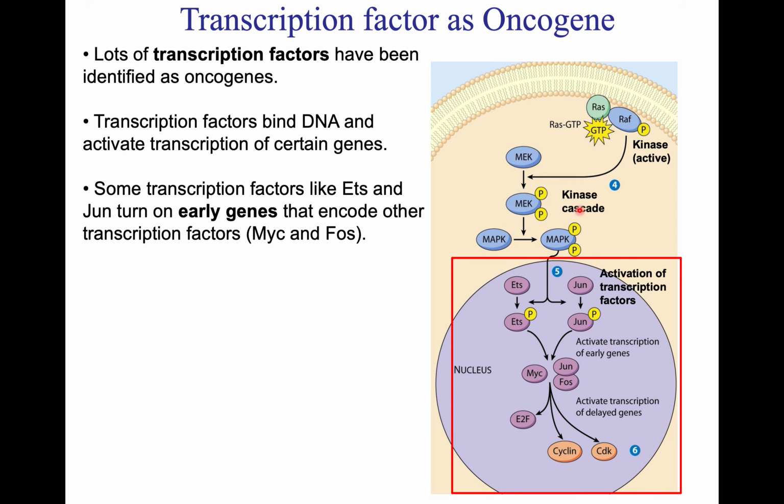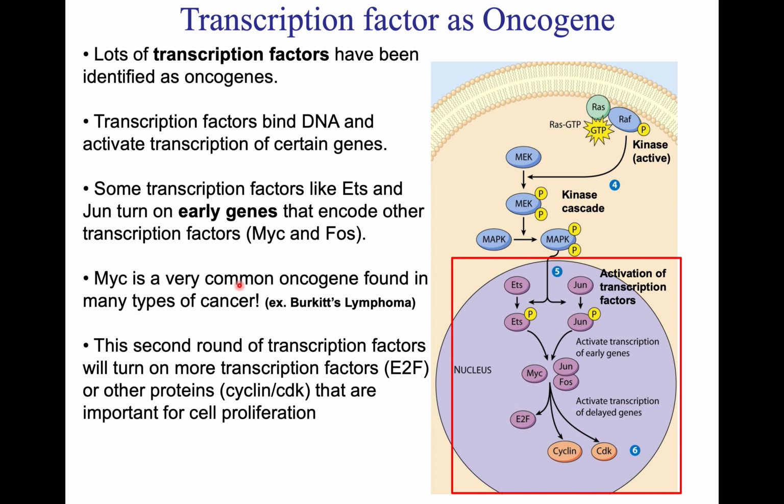Now to finish our deep dive here into the RAS pathway, I just wanted to focus in on what's going on here in the nucleus with the transcription factors, and point out that we have these waves of transcription factor activation. A lot of times you'll see what are called early genes and late genes.